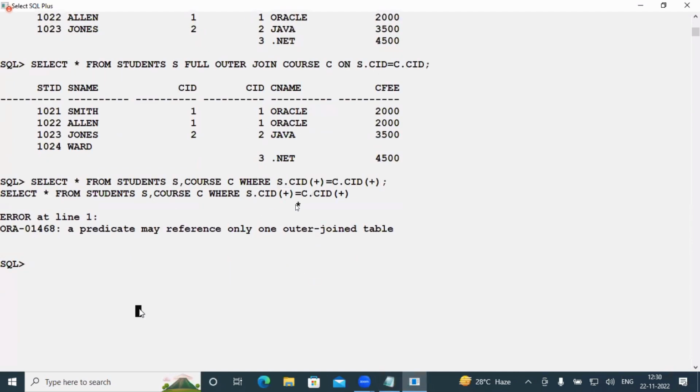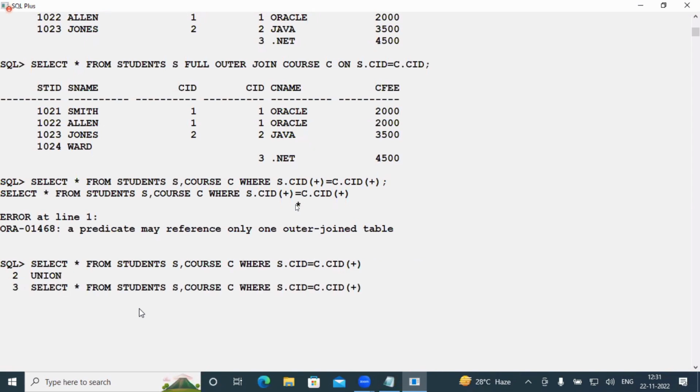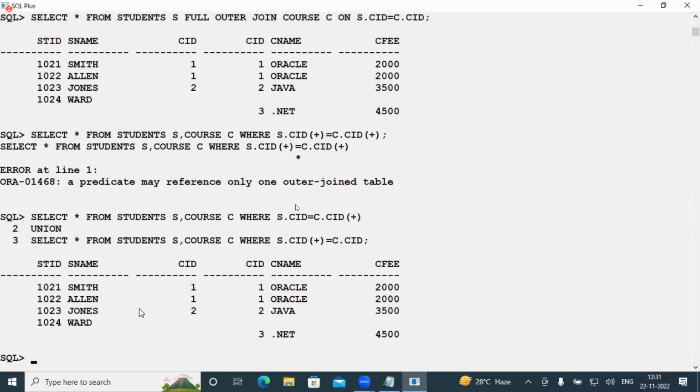Let me see how to write it now. So this is the left outer, union, and this is the right outer. The two select statements I joined. Then got it? Your full outer join implementation is over.